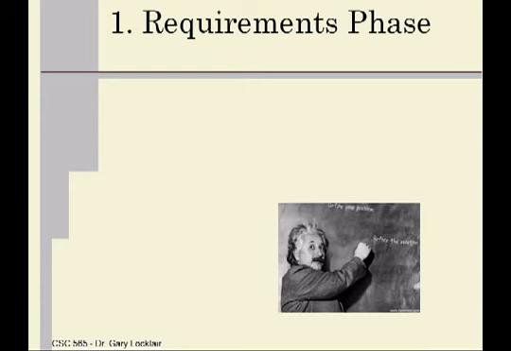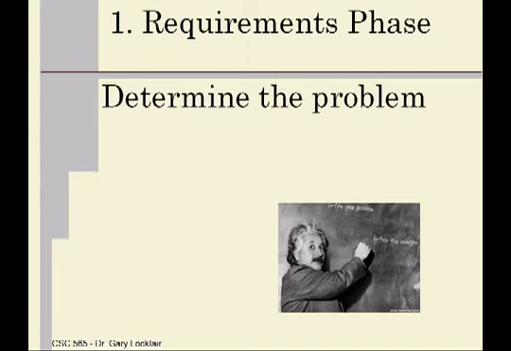The first phase in the system development life cycle is the requirements phase. You can't read what Albert's writing on the board. It says, define your problem before the solution. What we said conceptually was the first thing you need to do to solve a problem is to understand the problem. And that's a big part of the requirements phase.